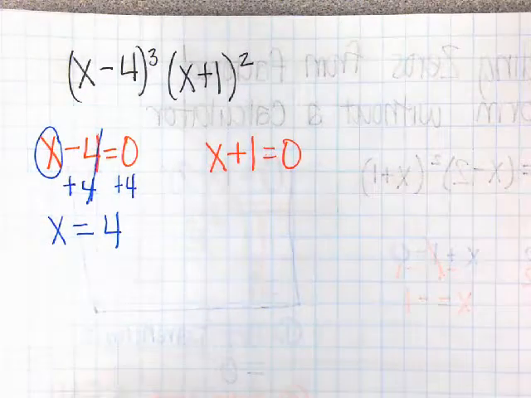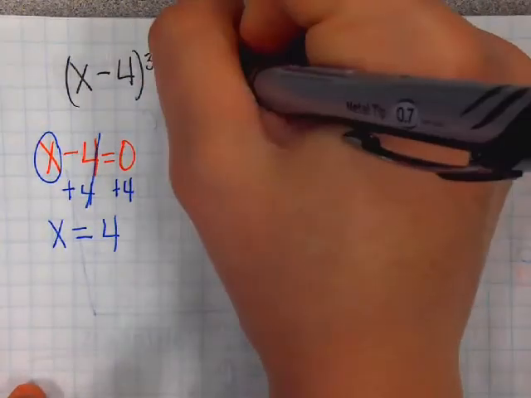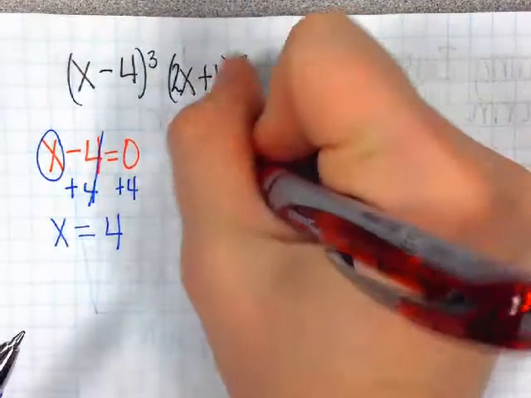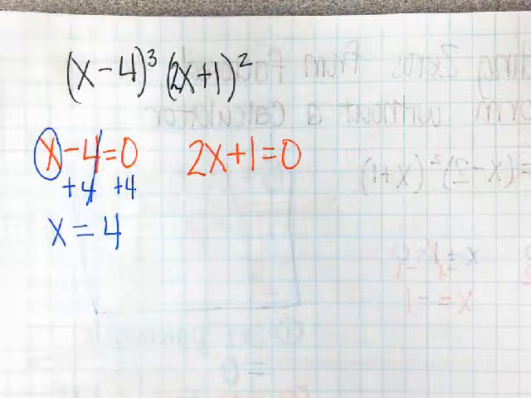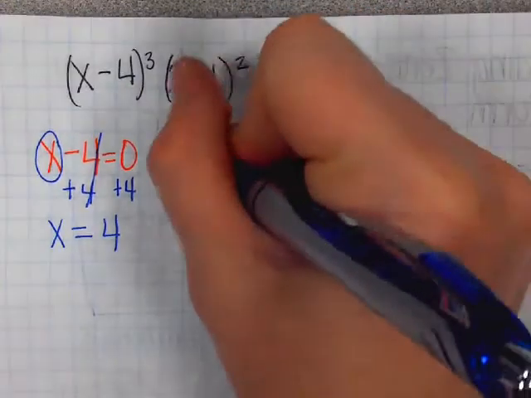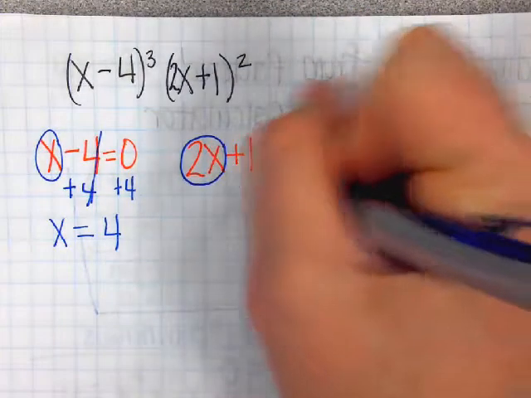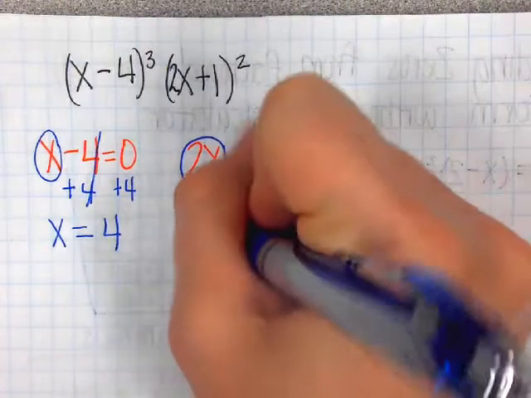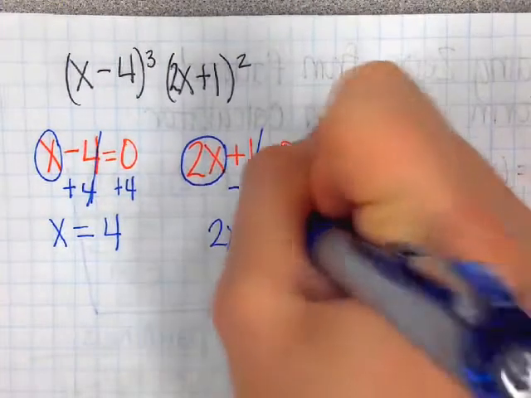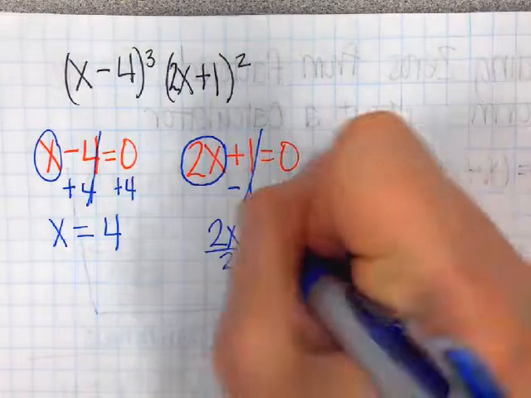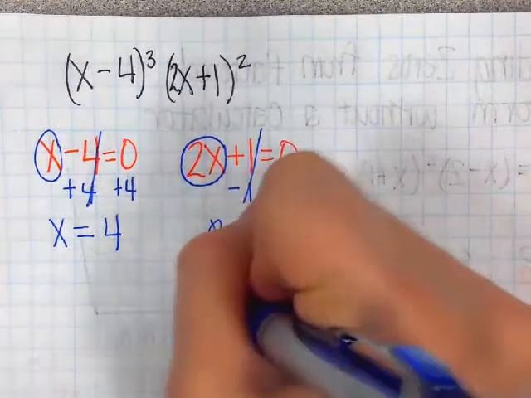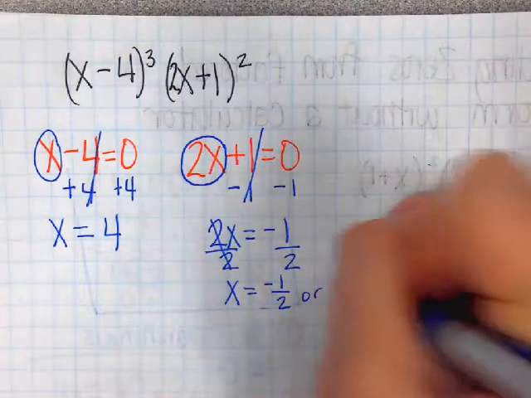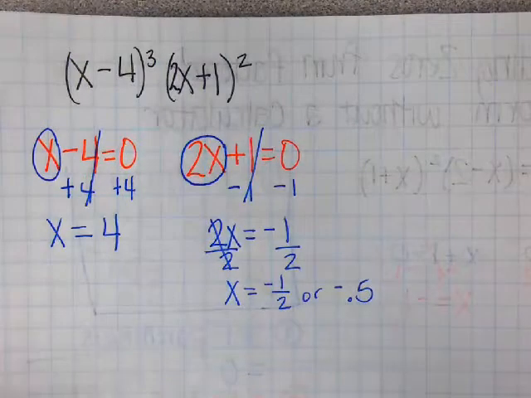And actually, I'm going to change this, sorry, just because I know one problem on your assignment is going to be like this. So I'm going to go ahead and put a 2 out here, just so that it's like one of the ones on your assignment. So add 1, opposite of add 1 is subtract 1. So it'd be 2x equals -1. Now you have to divide by 2. x equals -1/2 or -0.5.